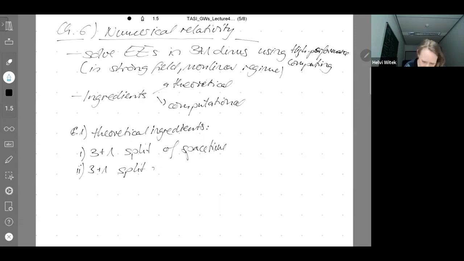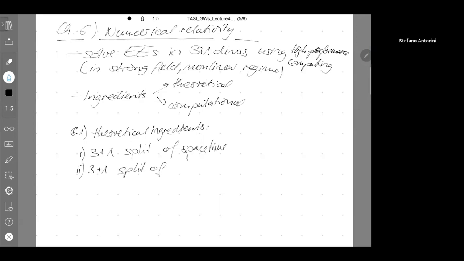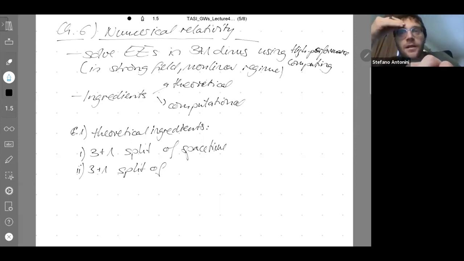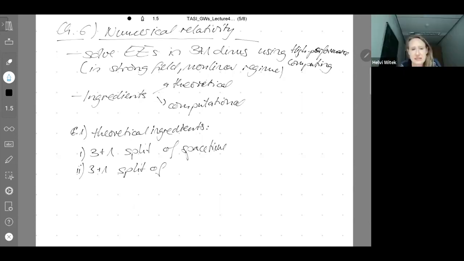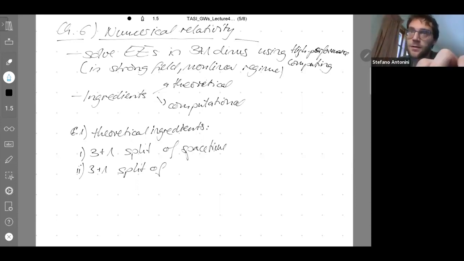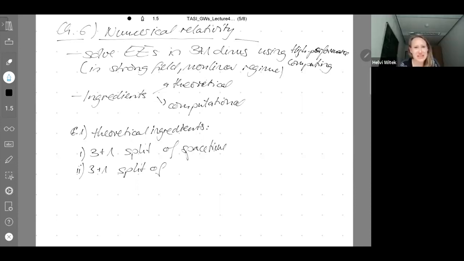Excuse me. Yes? Just one question. Is this 3+1 split just an ADM decomposition or something different? Say again, is it an ADM foliation or something different? Yeah, that's exactly the comment that I wanted to make now.